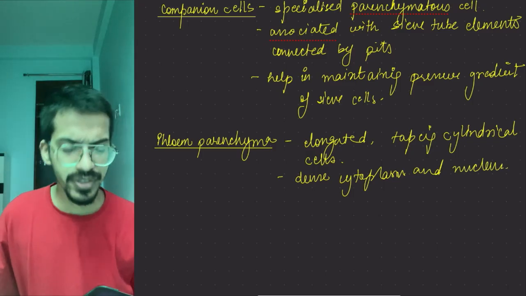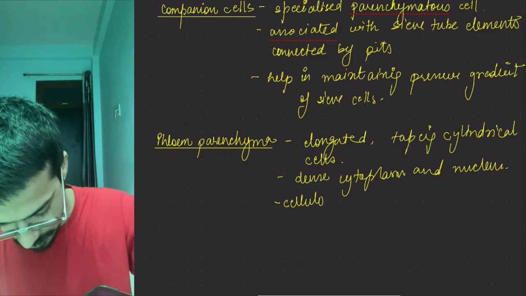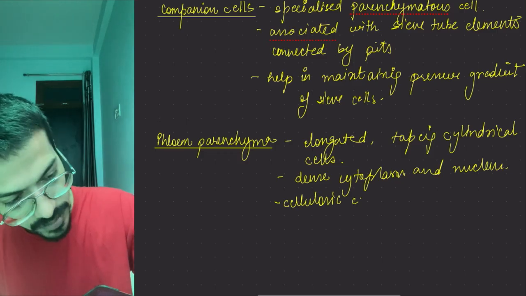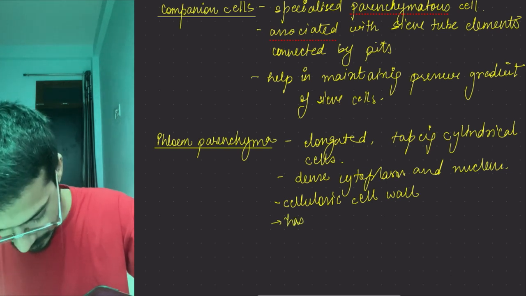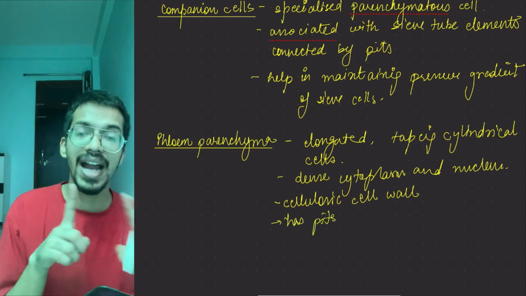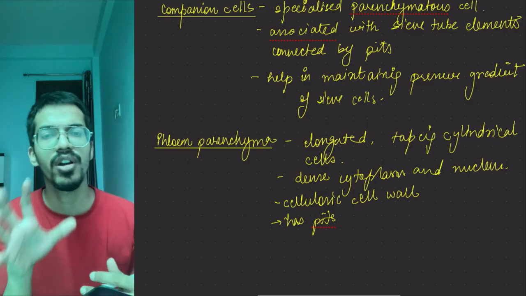Cell wall is made up of cellulosic cell wall, has pits present, and through that they have what? Plasmodesmata connections. What are plasmodesmata connections? Just for now remember it.